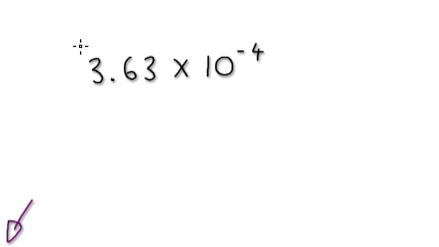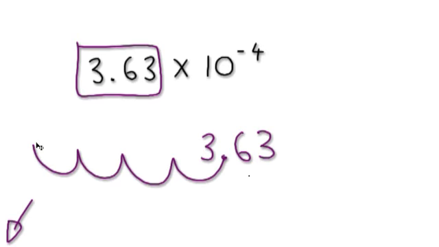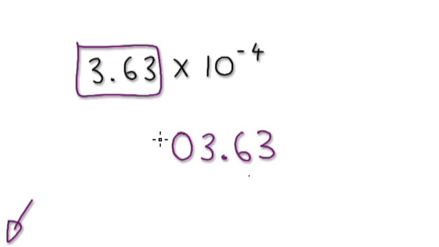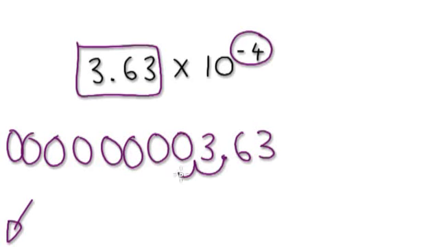Okay, so visualize this number here as 3.63, and because I know I'm going to move the decimal in this direction since it's a minus, I'm going to visualize it with as many zeros as I want. Now we are moving it 4 places. So 1, 2, 3, 4.